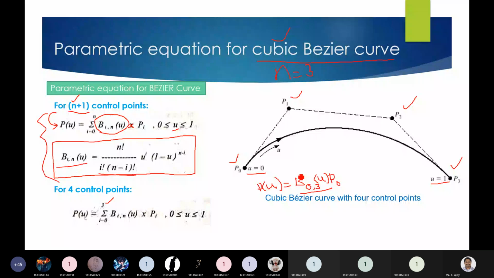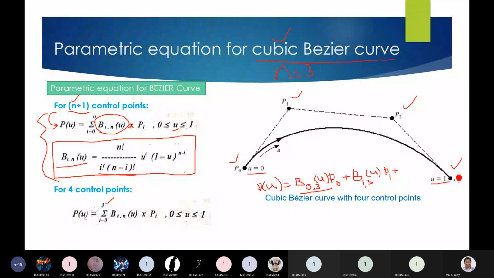Similarly, plus, I need to apply that sigma. So the next one will become B 1,3 of u multiplied by P1. All these P0, P1, P2, P3 are the control points.